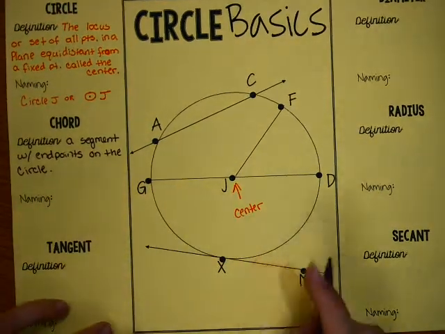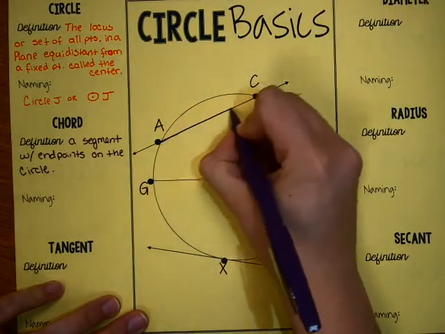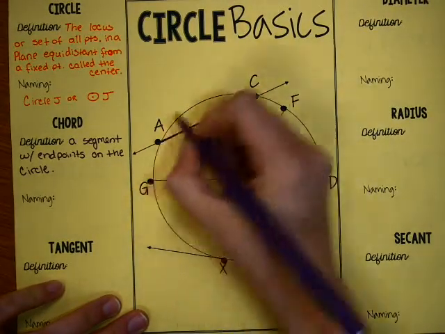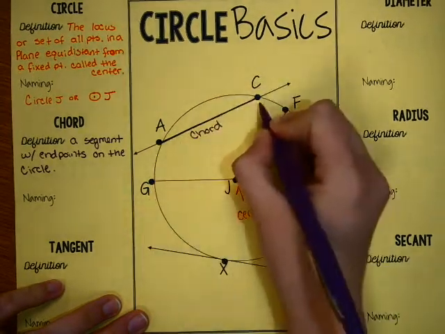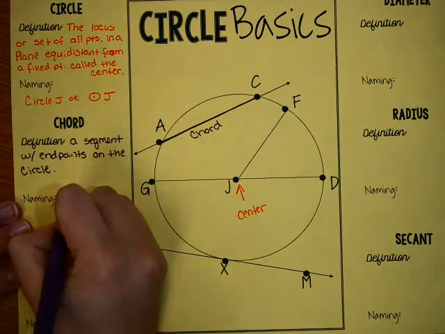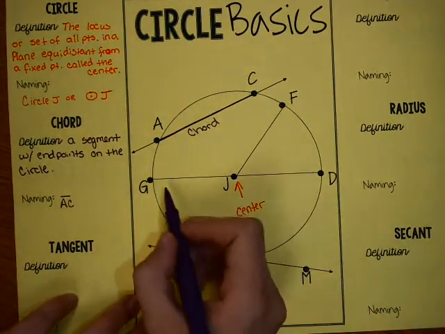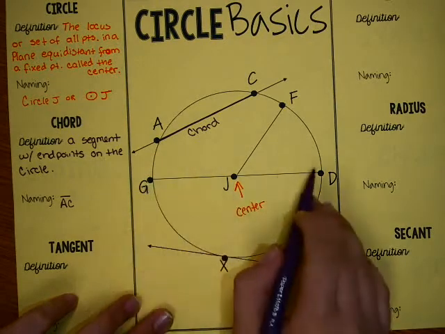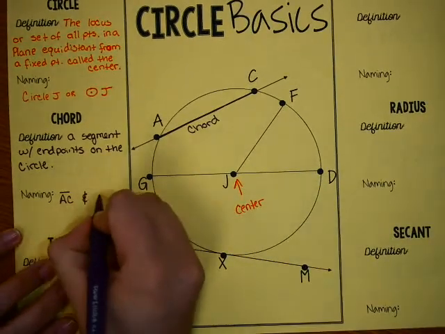So for example, we have two chords on this picture. AC is a chord. Because the endpoints are on the circle, and we just name the segment AC. We also have segment GD because these are two endpoints that lie on the circle.